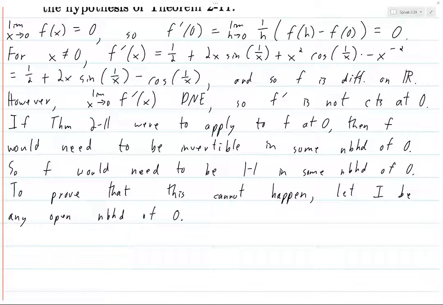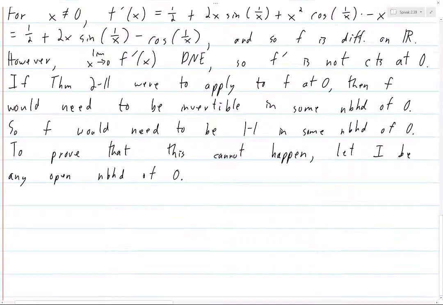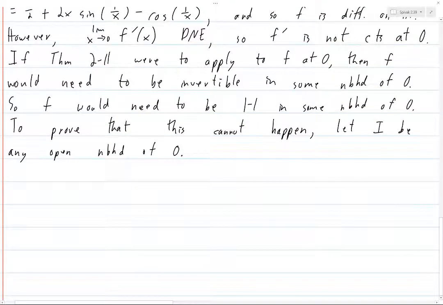Okay, so basically here, I'm going to go ahead and draw a picture of what this function looks like. So what does this function look like? Well, you have x over 2 plus x squared sine of 1 over x. So x over 2 is going to look sort of like a line like this. So this is x, this is y.